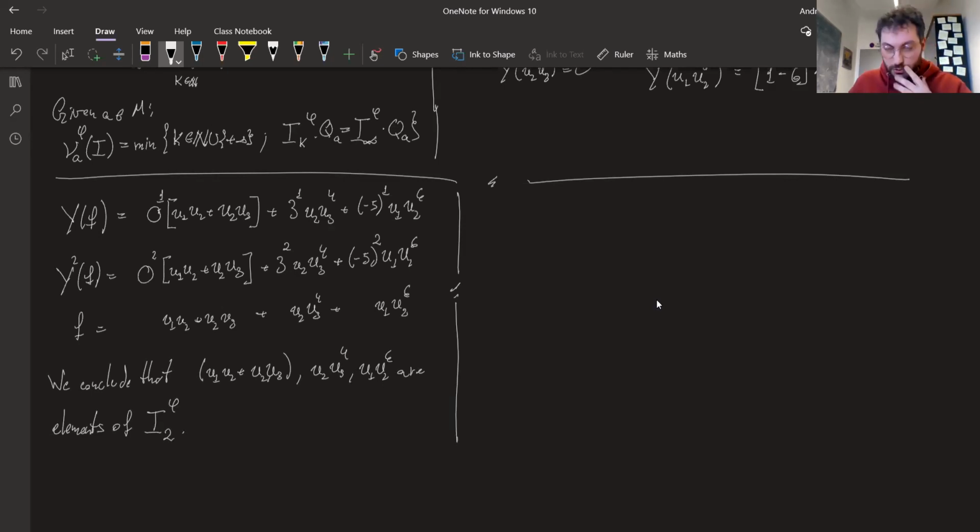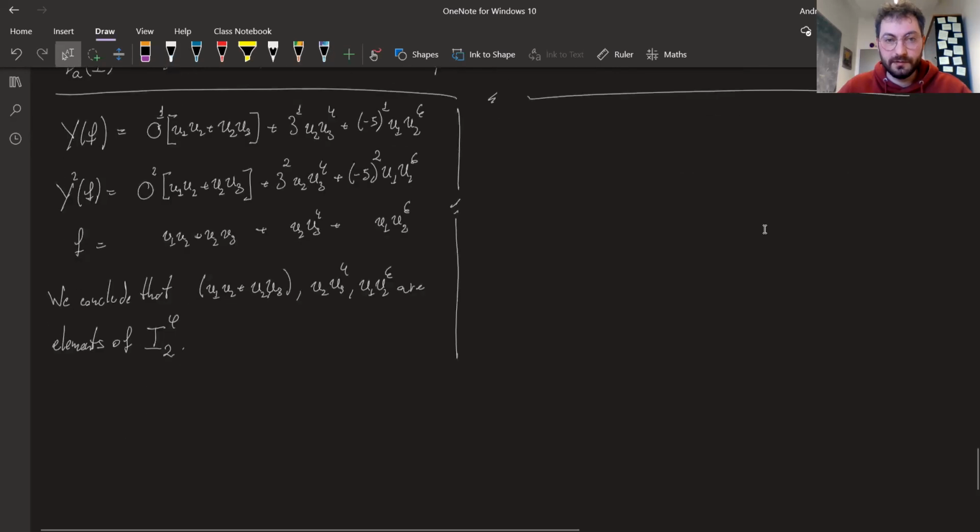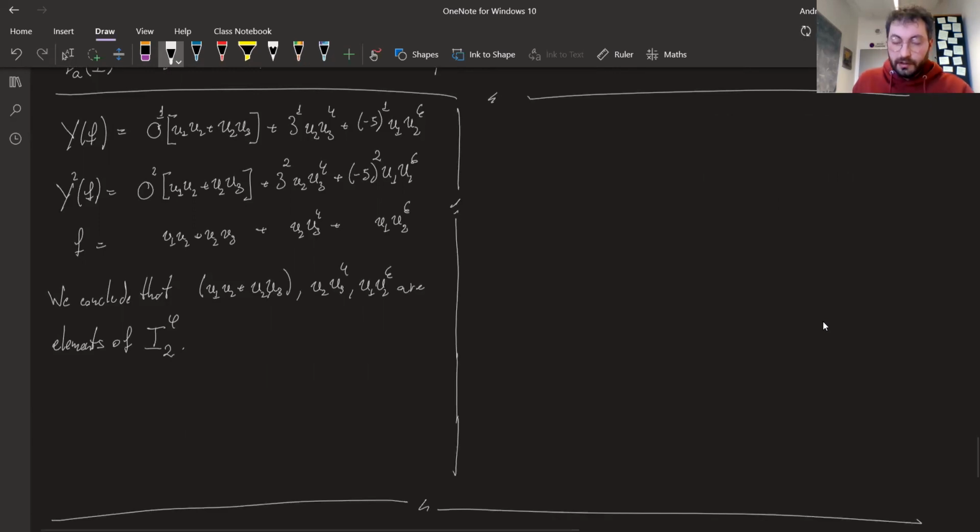So via I phi 2, they are elements of that. And this is going to give us all the information that we need to finish computing the sequence, because we know that I phi 0 was just equal to this f, and this is contained in the ideal generated by all of these terms separately.